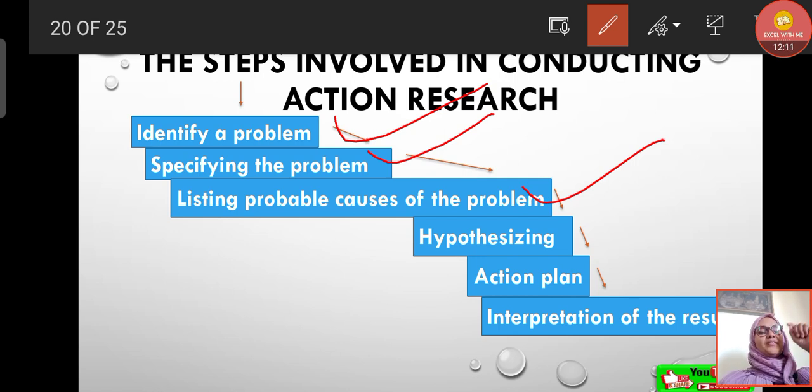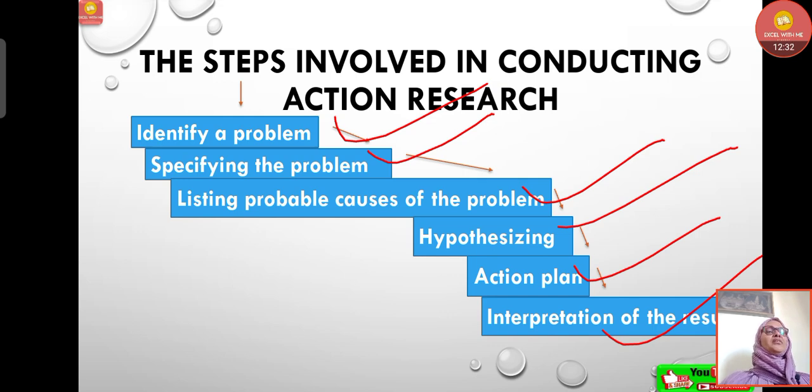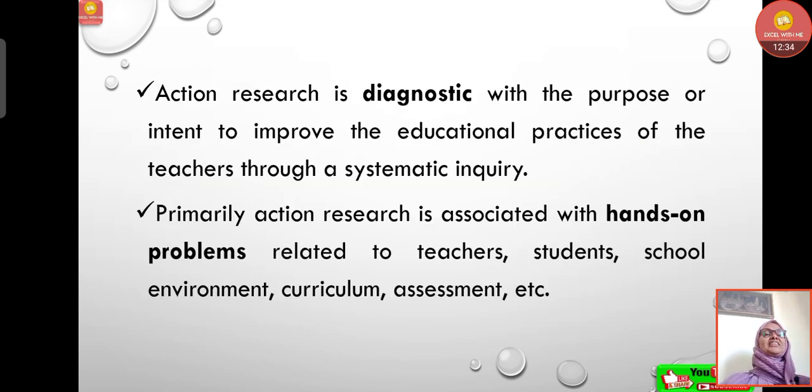That is, tentative solution here. Then action plan, how we are going to, maybe participant observation or maybe any checklist will be given or any questionnaire will be given. Like that they will have some action plan. And then lastly, interpretation of the result, whether the solution found or not, whether the hypothesis testing is correct or not.